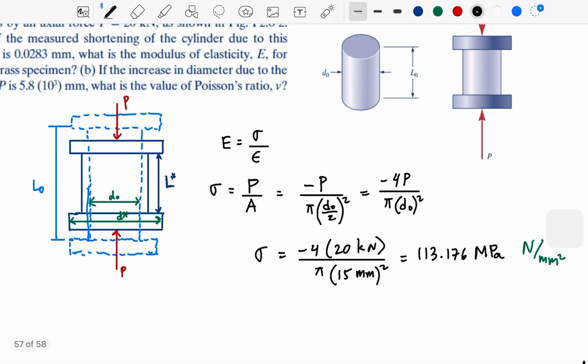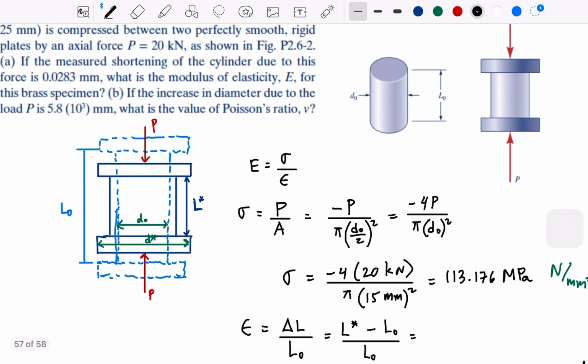And then the strain is the delta L divided by the original length. Okay. The delta L, so the final length minus the original length divided by the original length.